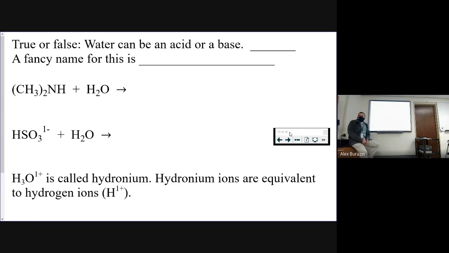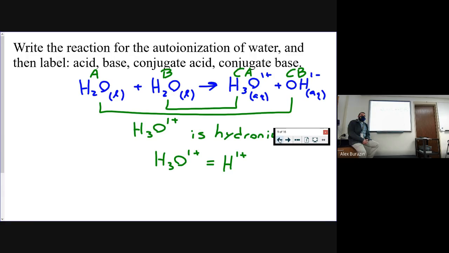True or false? Water can be an acid or a base. True. We just proved that.